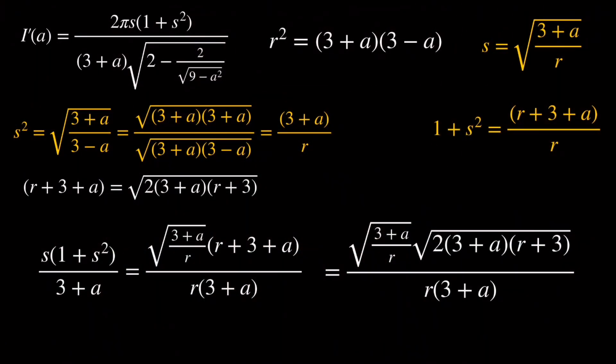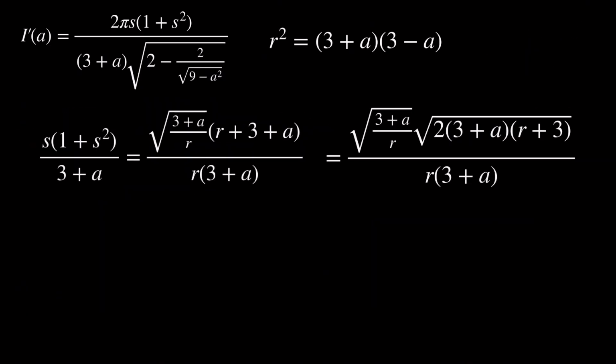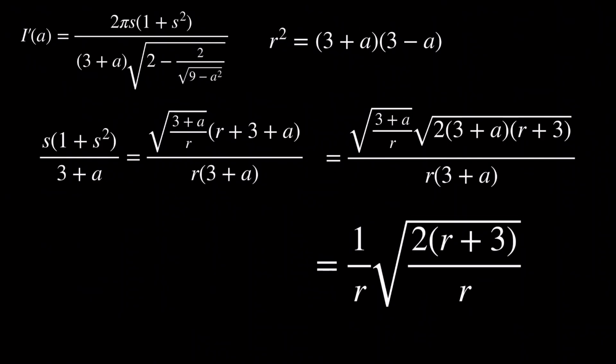We can now put this all together into this quantity, and of course with some simplification we arrive at 1 over r times the square root of 2 r plus 3 all over r.